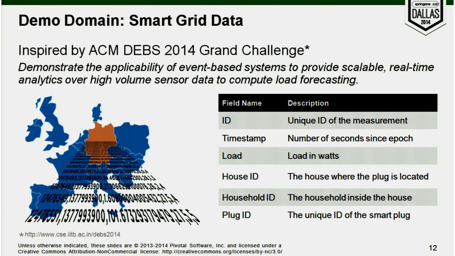As you can see on the right-hand side, there's basically certain fields in the data that represent the actual real-time load at that moment, and the timestamp. And then there's the house ID, and within a house you can have multiple households, and within a household you can have multiple plugs. So on the left-hand side here you see an example of what that data looks like. It comes in a large CSV file zip that we have used in our demo.